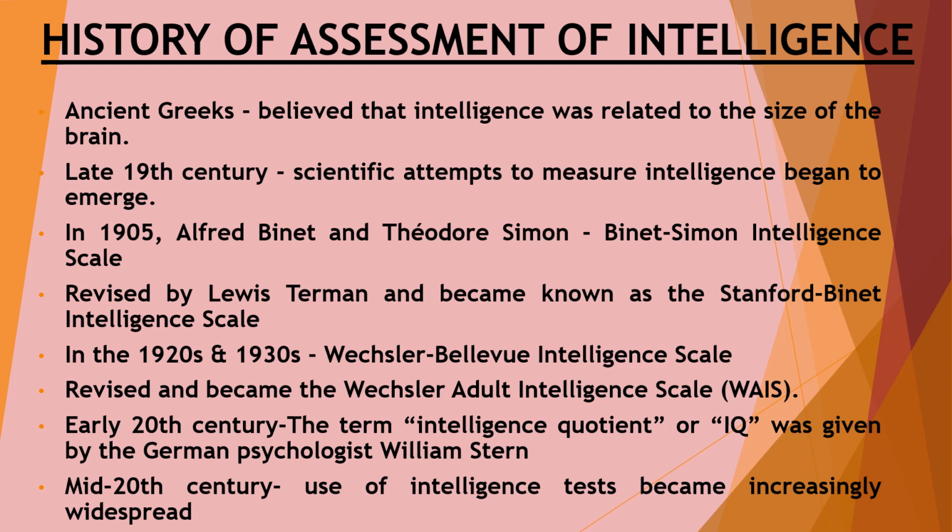The result was the Binet-Simon Intelligence Scale, which consisted of a series of tests designed to measure a child's intellectual abilities such as memory, attention, and reasoning. The scale was later revised by Lewis Terman and became known as the Stanford-Binet Intelligence Scale, which is still in use today.